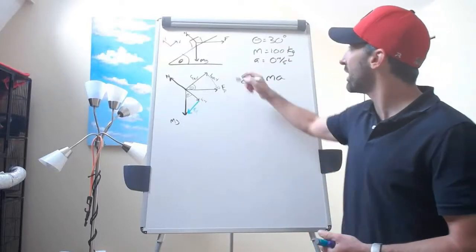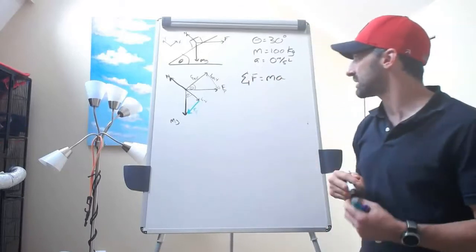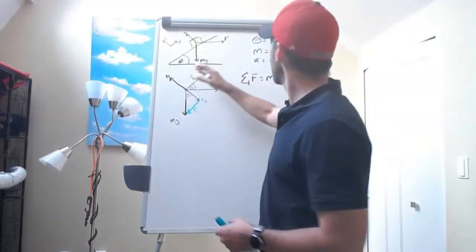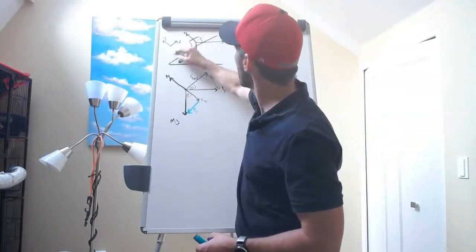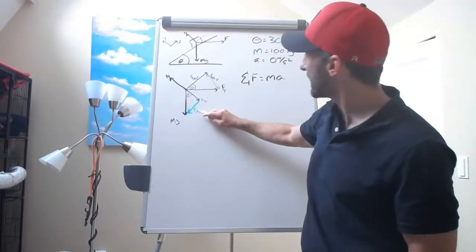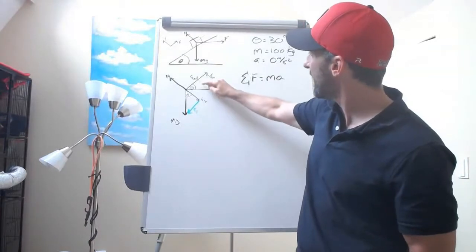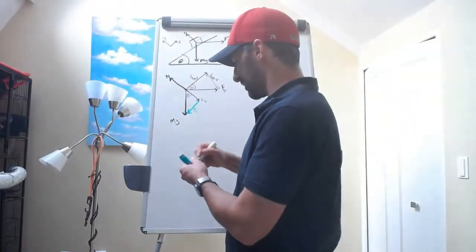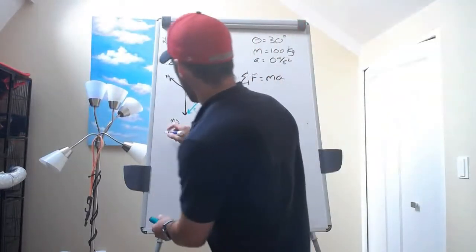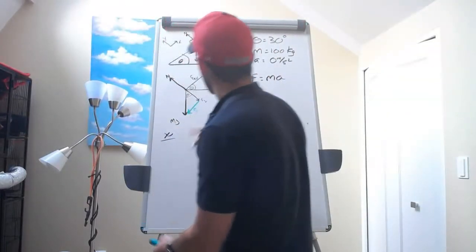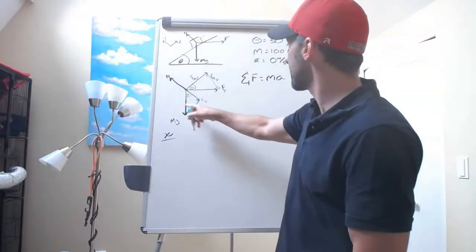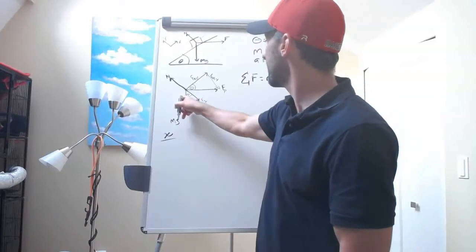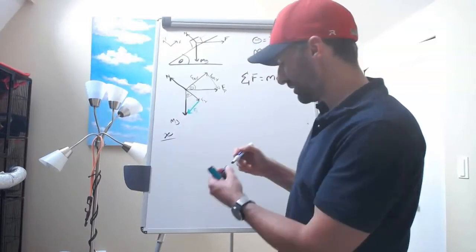Find out what this F push is. So, let's see, what I'm going to call the X direction is F parallel and F push parallel. So, in my X direction, this is going to be mg sine theta.